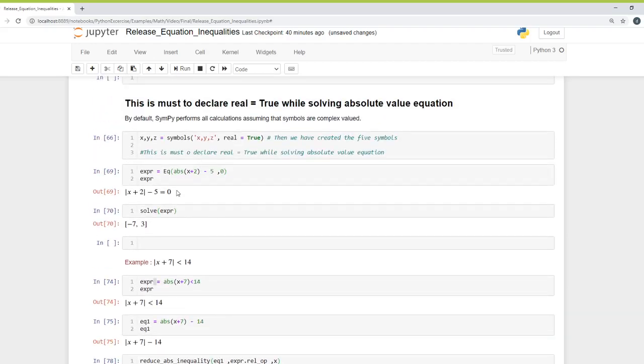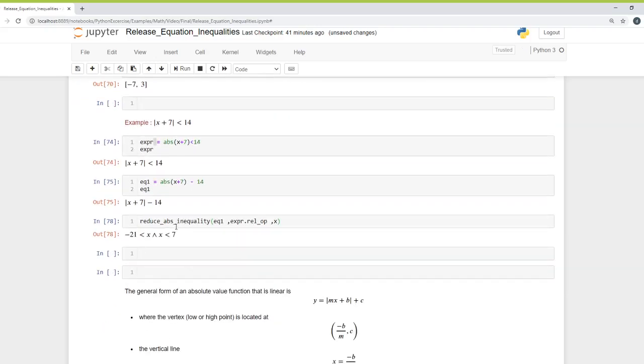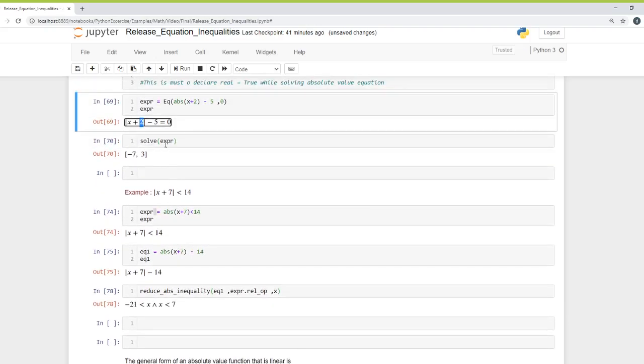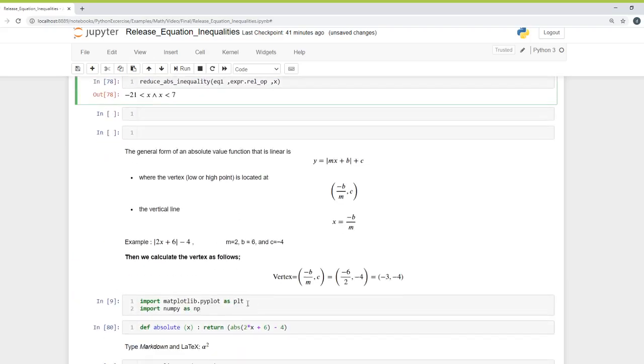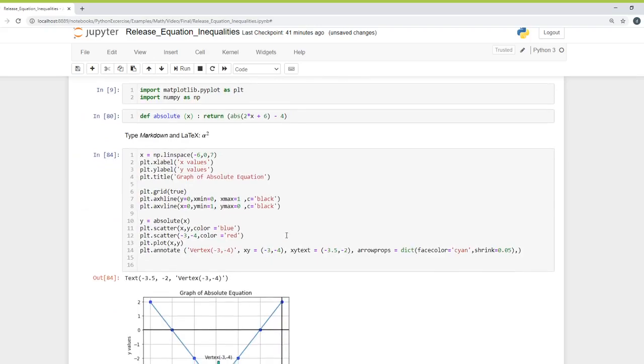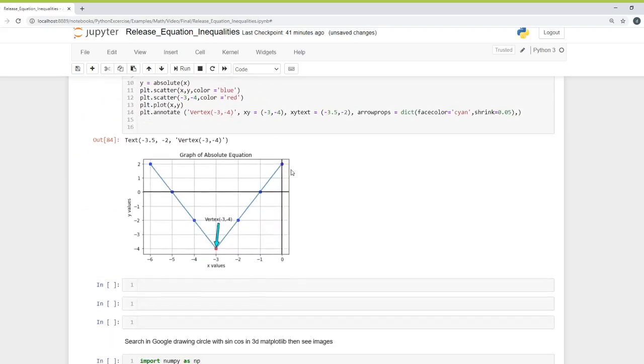First of all, we have seen what an absolute equation is. For an absolute equation, we have to create the variables for which the value should be real. No complex value will be accepted by the absolute equation. Next, we have solved the absolute equation, then we have solved the absolute inequality, and now we have created a chart of the absolute function.